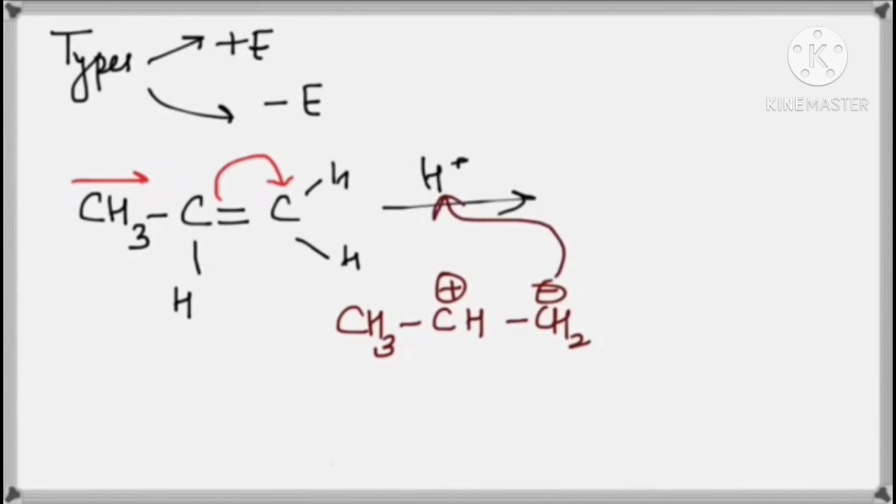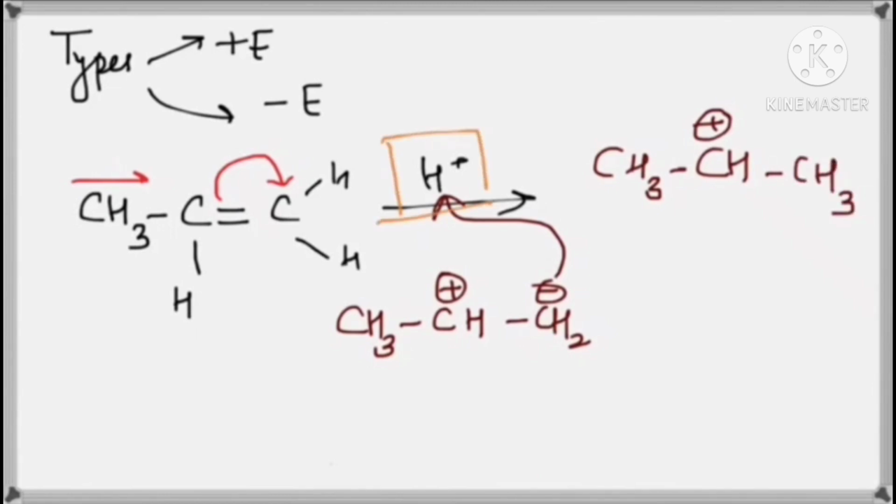Now these things happen in one step. We are doing this just for the sake of explanation. So we end up with CH3 CH plus and CH3. So you can see that the H plus here gets attached to that carbon where the negative charge shifted. When such a process happens, we call it a plus E effect.